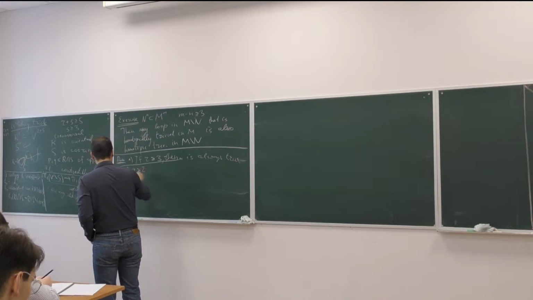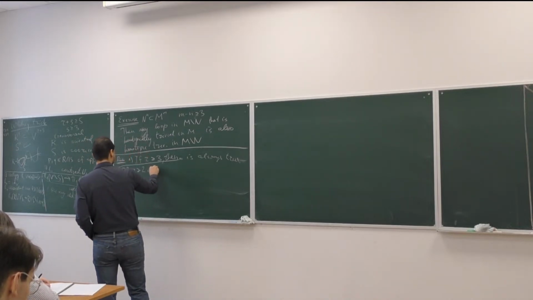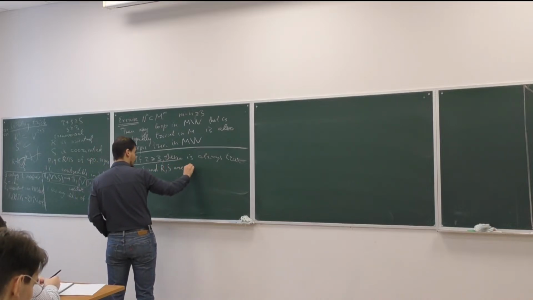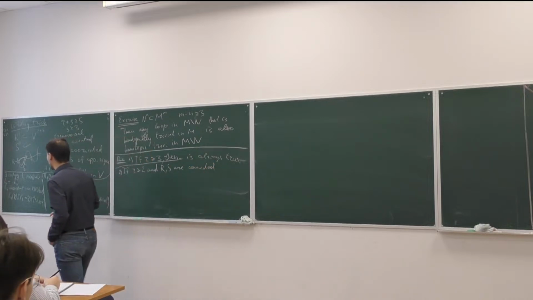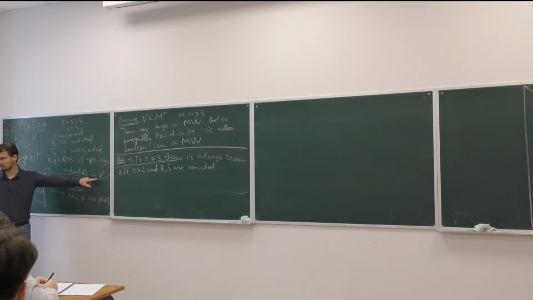So the second remark is that if R is at least 2, S is always at least 2, and R and S are connected, then we can always find such a path A. But we also want B to be contractible. We definitely can make it contractible.